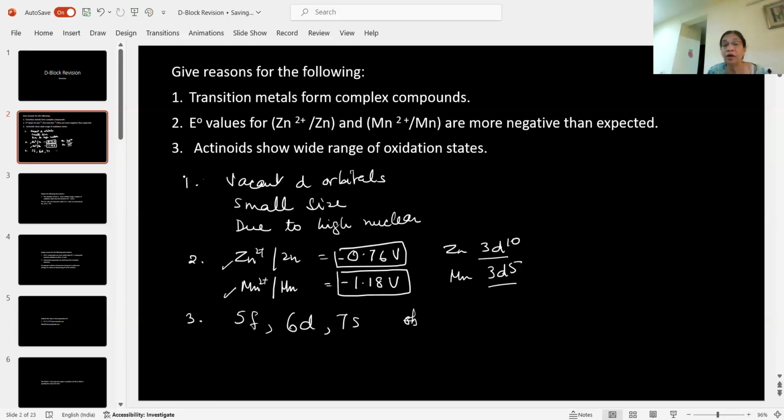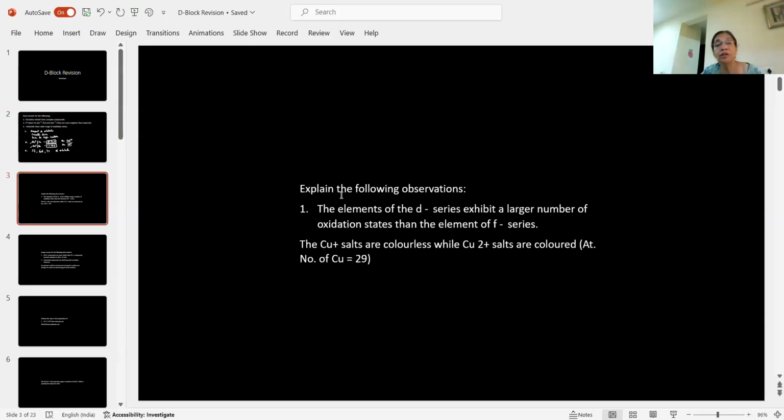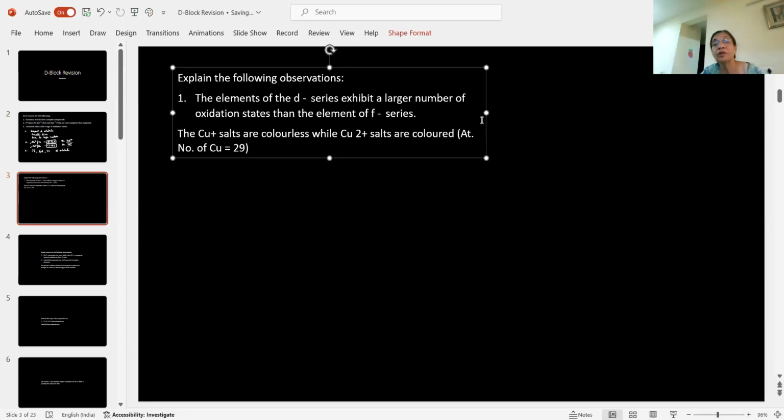So there are three orbitals in which you can have unpaired electrons, and that is why you can have a large number of oxidation states, right? So that is why actinoids show a wide range of oxidation states. Then here, explain the following observations.